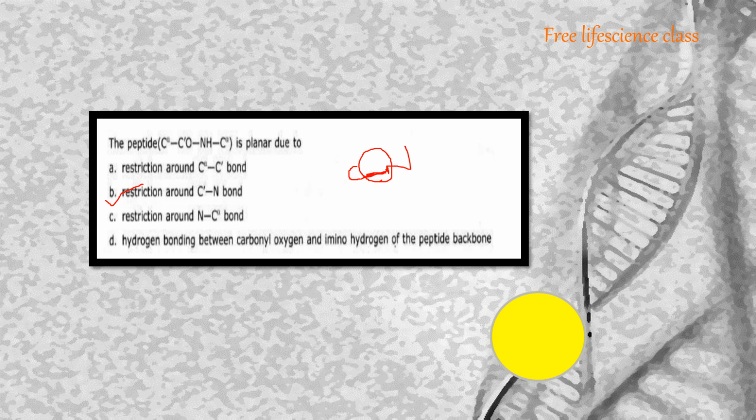So the option is B. It is not the C alpha N bond. It is the C N bond. Don't mistake it for the C alpha N bond. C N bond is the correct one. Okay. So this is the answer for this question.